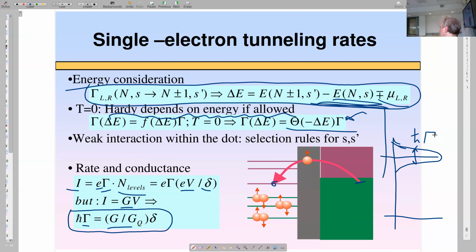So if this gamma is comparable with the distance between the levels, the effect of quantization is gone. So the conductance must be small. Fine, good. We figured out the rates.